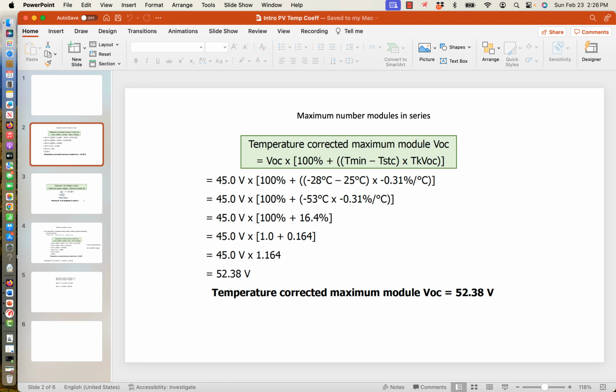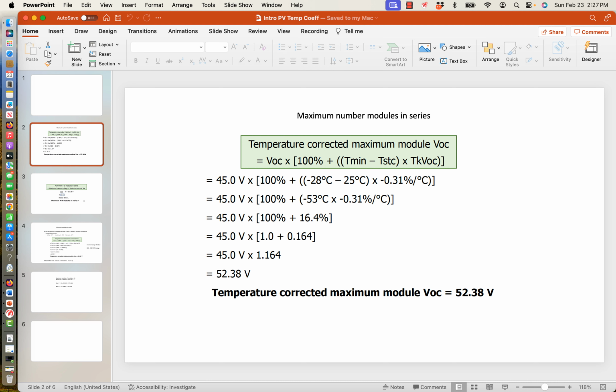So I picked out a module. The module said the VOC is 45 volts times 100% plus parentheses negative 28 degrees C. So this is record cold for this location minus 25 degrees C times temperature coefficient of negative 0.31% per degree C. So the first thing we're going to do is calculate what the temperature differential is.